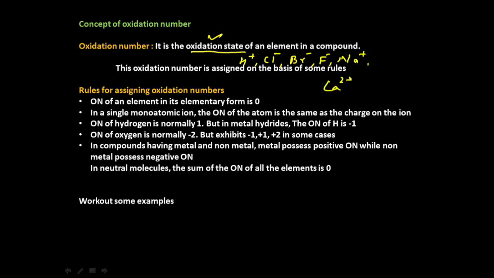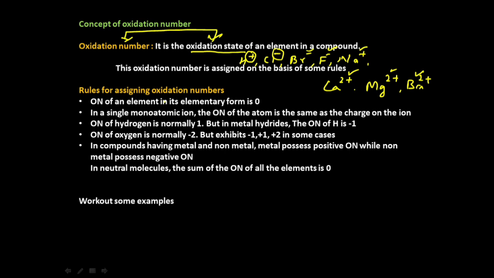This is Ca2 plus calcium ion and Mg2 plus magnesium ion, Ba2 plus barium ion, isn't it? So these are all nothing but oxidation states. The charges on the apex of the atom are nothing but oxidation state. So these oxidation states are nothing but oxidation number. Okay. So oxidation number and oxidation state both are one and the same.